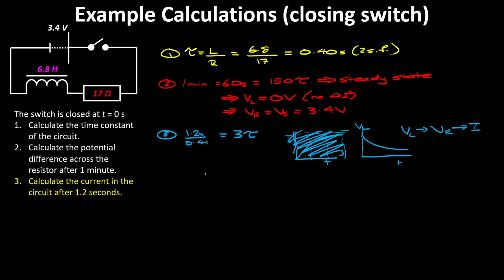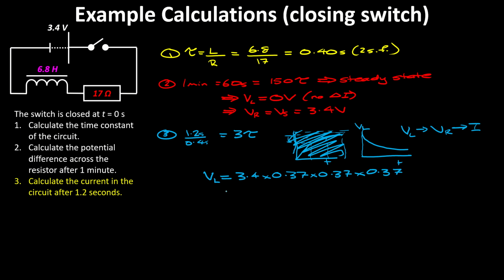So first of all, the inductor voltage after 3 time constants is going to be the supply voltage, 3.4. After 1 time constant, it's going to be 37%. After 2 time constants, it's going to be 37% of that. After 3 time constants, it's going to be 37% of that.